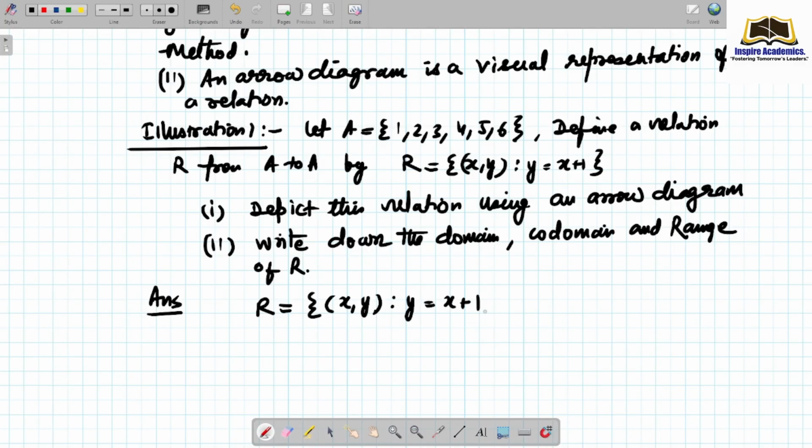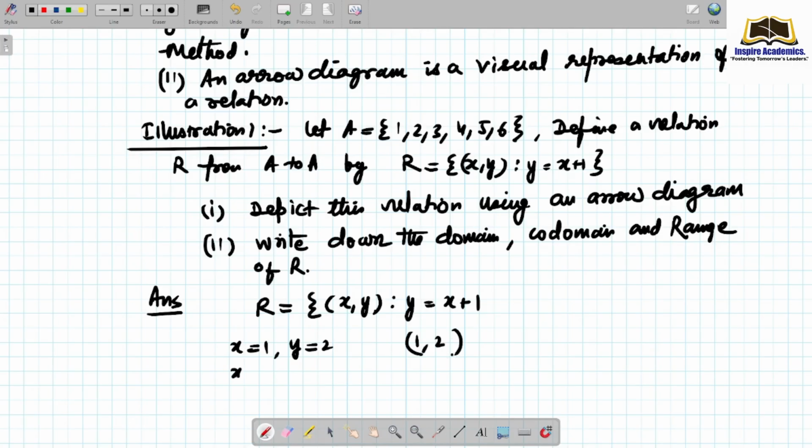If x is 1, then y will be 2, so the first ordered pair is 1 comma 2.